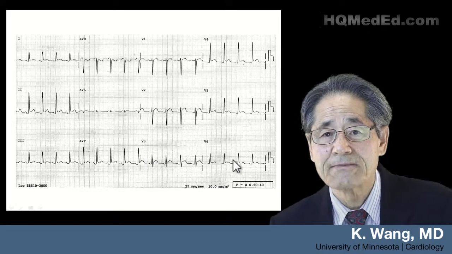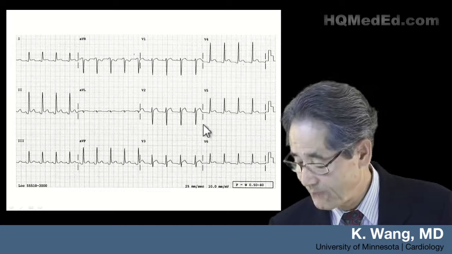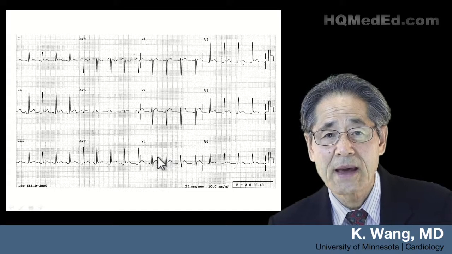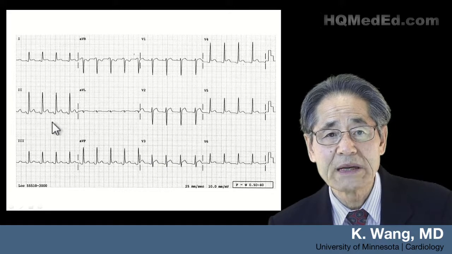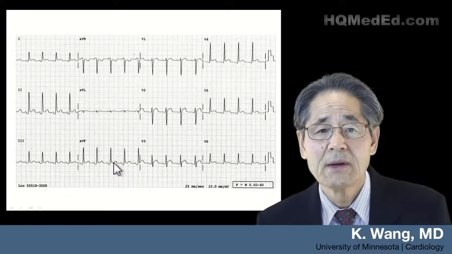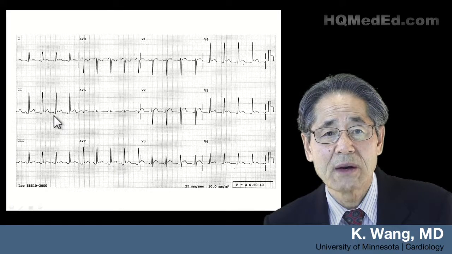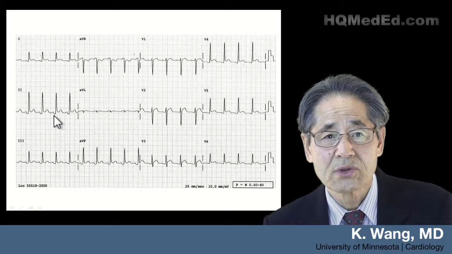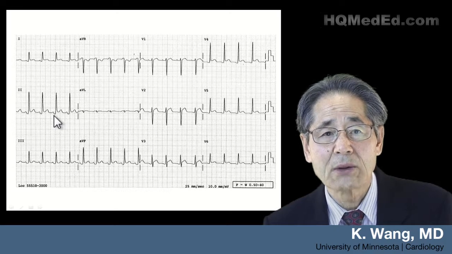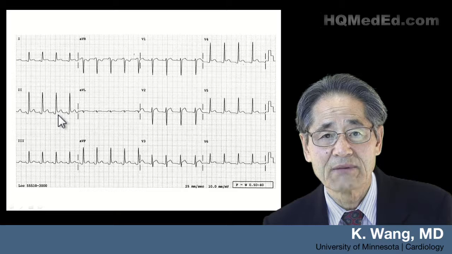This patient has a diffuse ST elevation involving all precordial leads, but not only that, it involves limb leads as well. So diffuse ST elevation. Combine that with a PR segment depression, which is an atrial injury pattern or atrial counterpart of ST elevation.